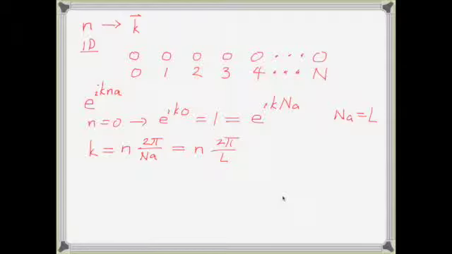For every n you get a k, and vice versa, a one-to-one mapping. And in what they call the thermodynamic limit, which is what we always do, we let L go to infinity, so k becomes a continuous variable. As L goes to infinity, k becomes a continuous variable, and we can turn sums into integrals.